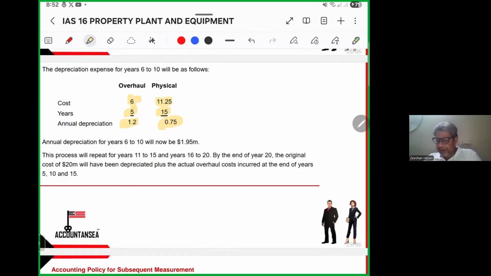Annual depreciation for 6 to 10 years is 1.95 million. This process will repeat for 11 to 15, 16 to 20. By the end of year 20, the original cost of 20 million has been depreciated, plus the actual overhead cost incurred at the end of years 5, 10, and 15. Okay.